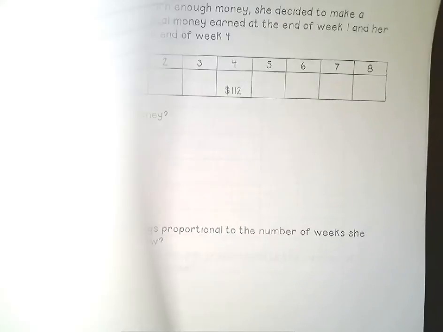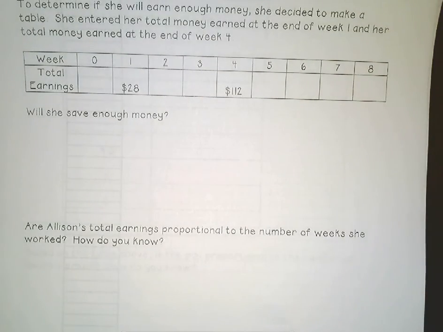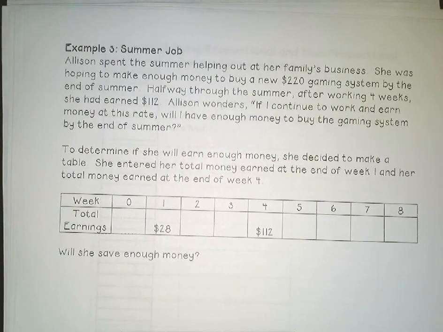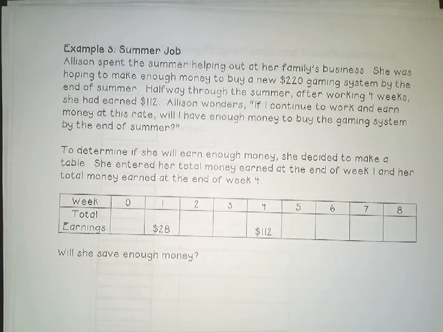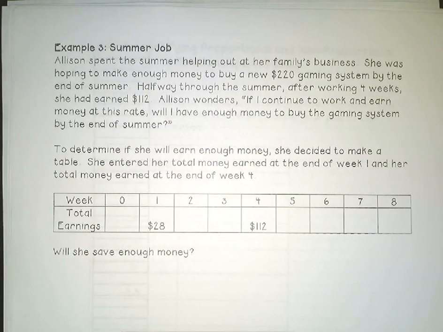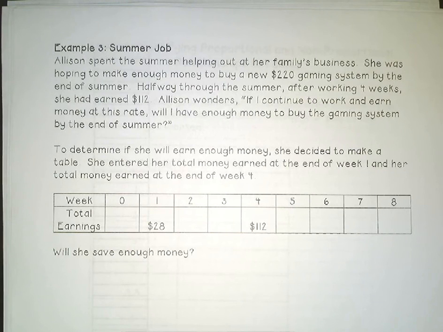All right. We have another exercise here, summer job. Allison spent the summer helping out at her family's business. She was hoping to make enough money to buy a new $220 gaming system by the end of summer. Halfway through the summer, after working 4 weeks, she had earned $112.